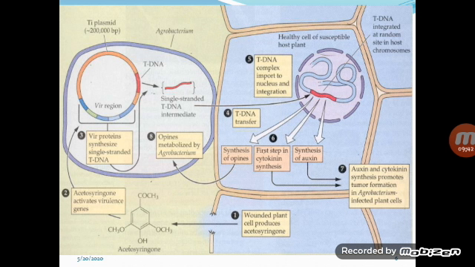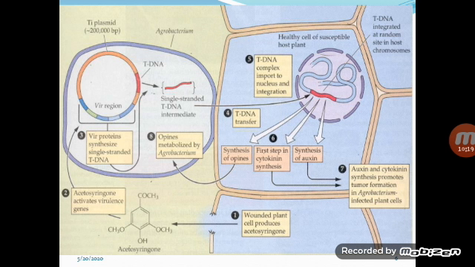After transfer, this tDNA makes its copy, becomes double-stranded and then integrates into the nuclear genome. The tDNA complex is imported into the nucleus and integrates into the chromosome. This tDNA is integrated at a random site in the host chromosomes, not any specific site.